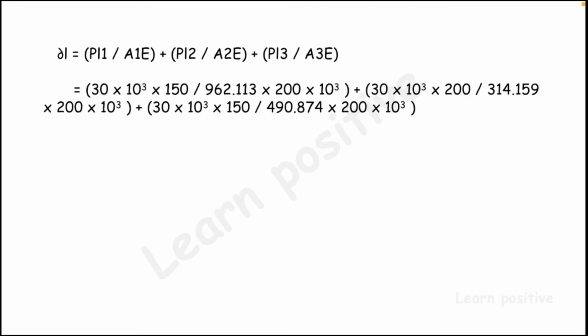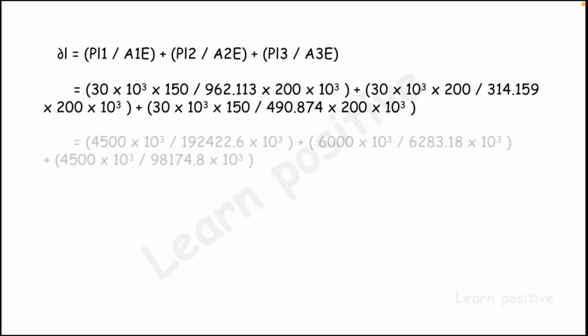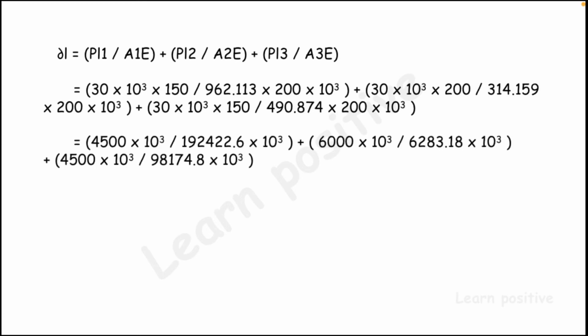Now we are going to calculate the formula by the single brackets. So 30 into 10 to the power of 3 into 150 is 4500 into 10 to the power of 3, and 962.113 into 200 into 10 to the power of 3 is 192,422.6 into 10 to the power of 3, and likewise we are going to find out each and every formula of the top and bottom portion, and now we are going to divide that top and bottom portion of each set of brackets.